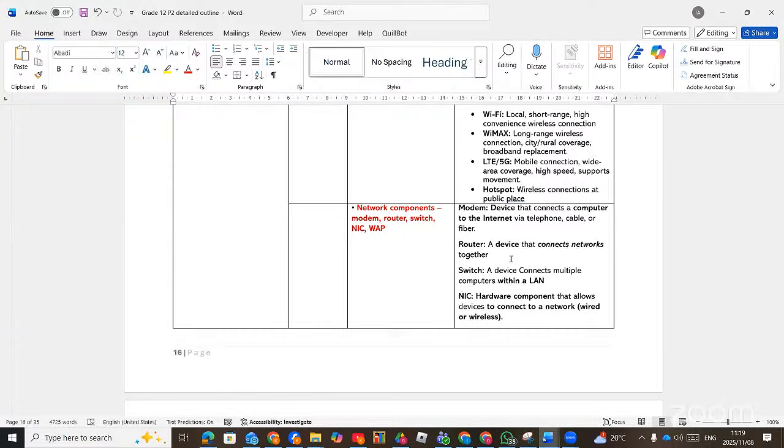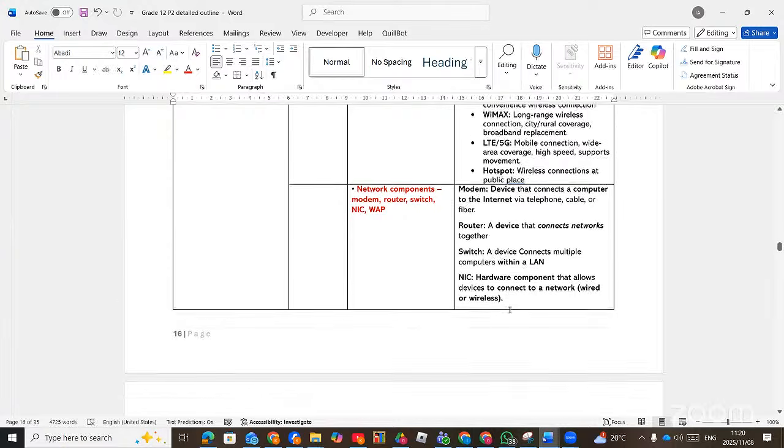It is inbuilt. It is inside your computer or laptop, connected to the motherboard. And then it allows you to connect to a network. And we have the wireless NIC and the cabled or wired NIC. So they are part of the computer, connected to the motherboard.